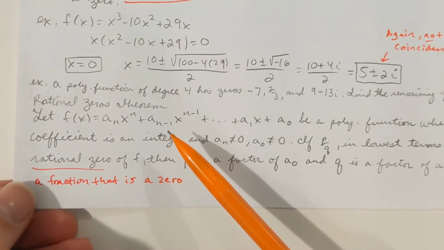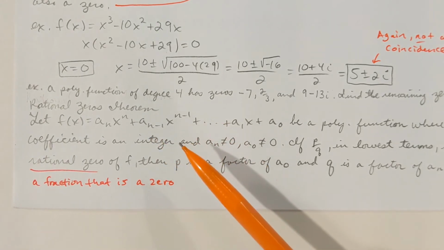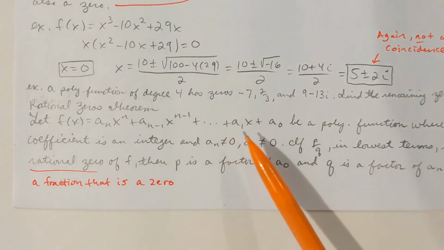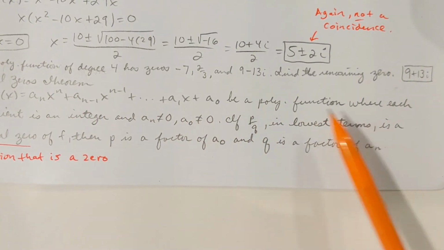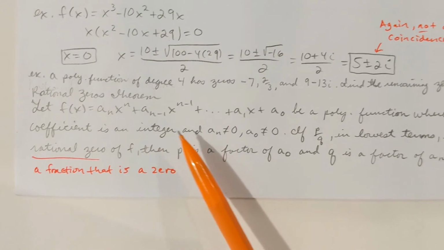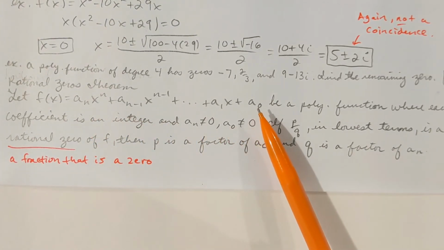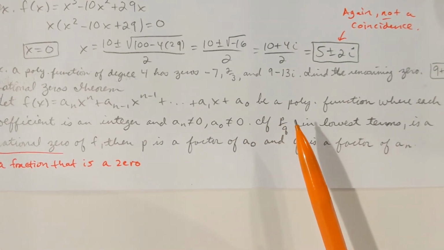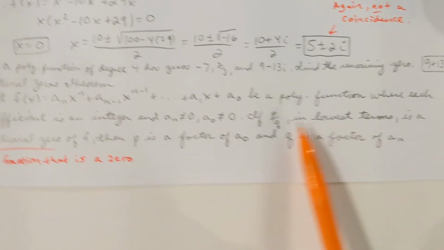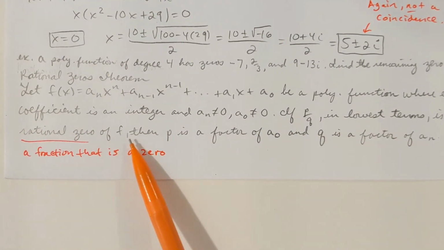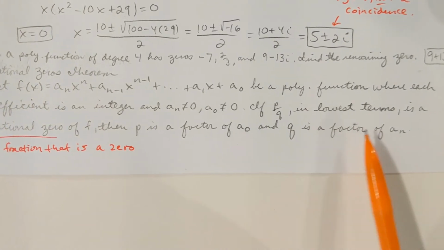Another theorem that can be helpful is called the rational zeros theorem. It says let f of x be a polynomial function. Here's the polynomial form that we've seen, where each coefficient is an integer and the first and last coefficients are not 0. If p divided by q, which is a fraction that has to be in lowest terms, is a rational zero of f, then p is a factor of a sub 0 and q is a factor of a sub n.